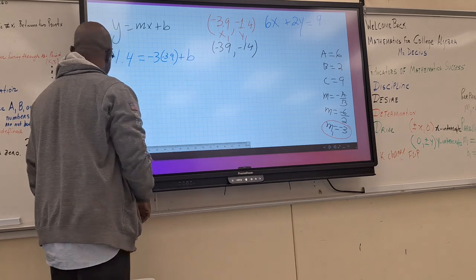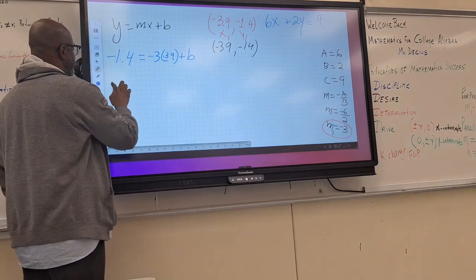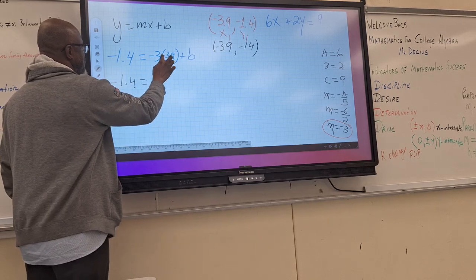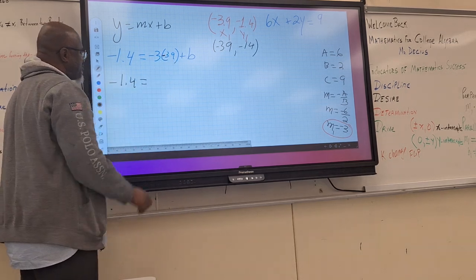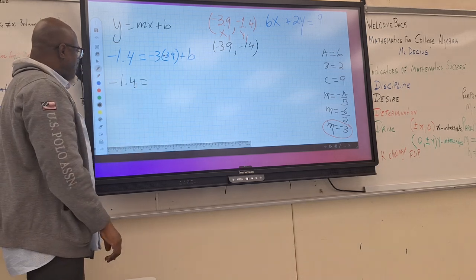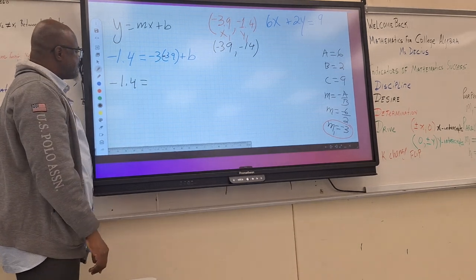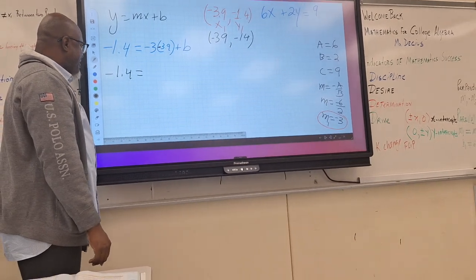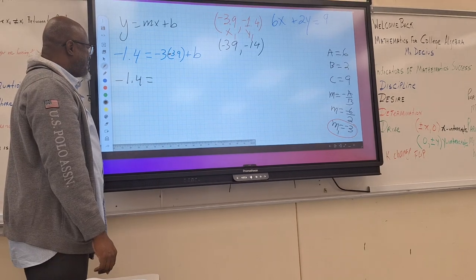So negative 1.4 equals, when you multiply two negatives you get a positive, 3 times 3.9, which is 11.7.